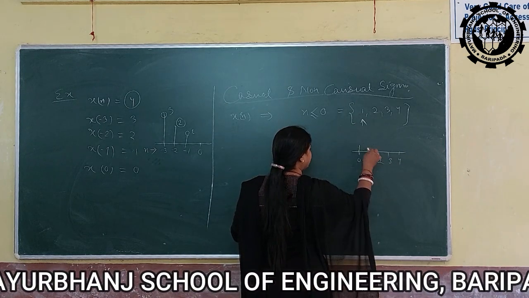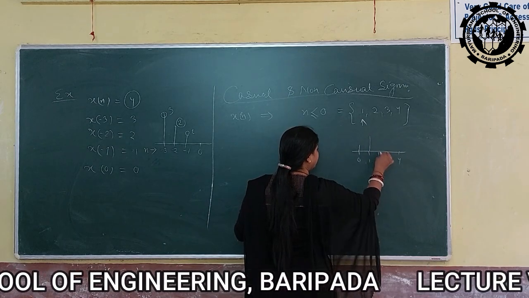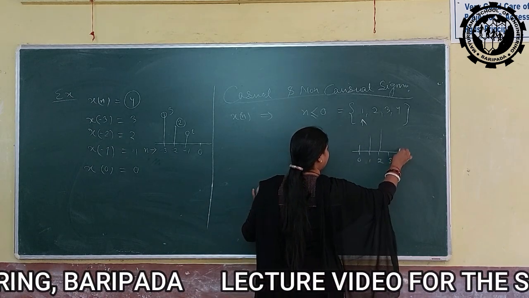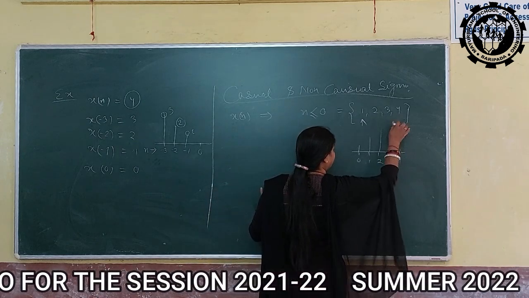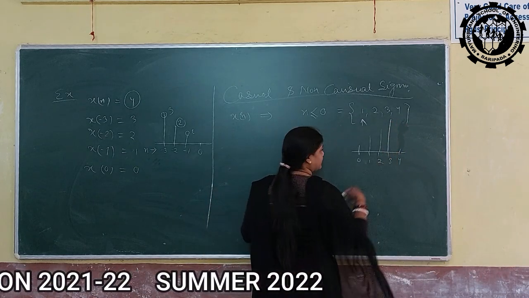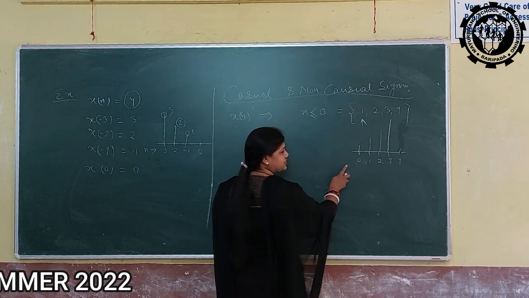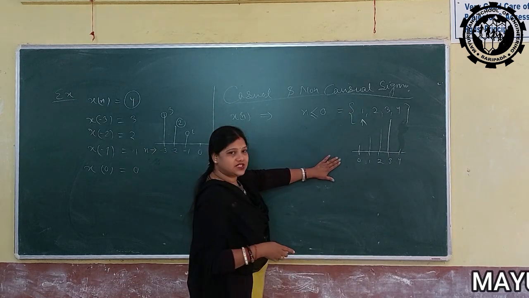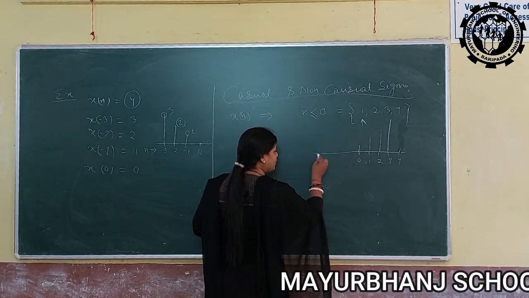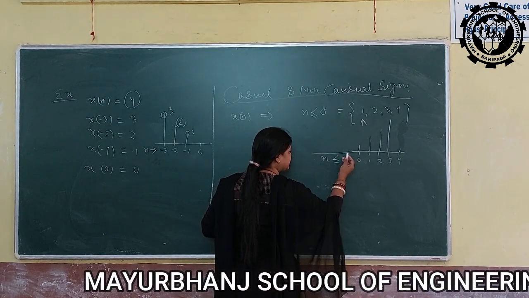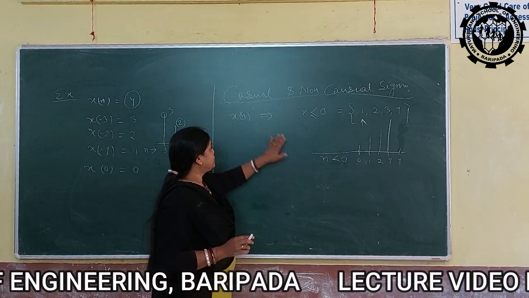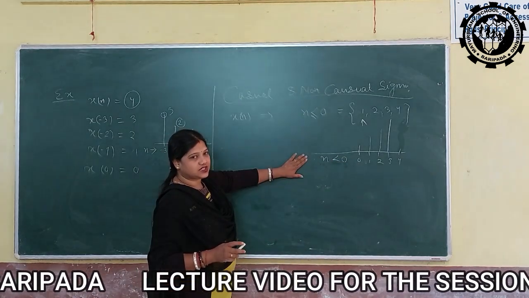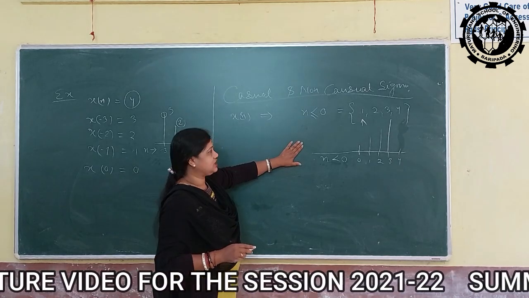At 0 it is 1, at 1 it is 2, at 2 it is 3, sorry, at 3 it is 4. So that is the graphical representation of a casual signal. Here you can see that the value is 0 for n less than 0, so that is a casual signal.